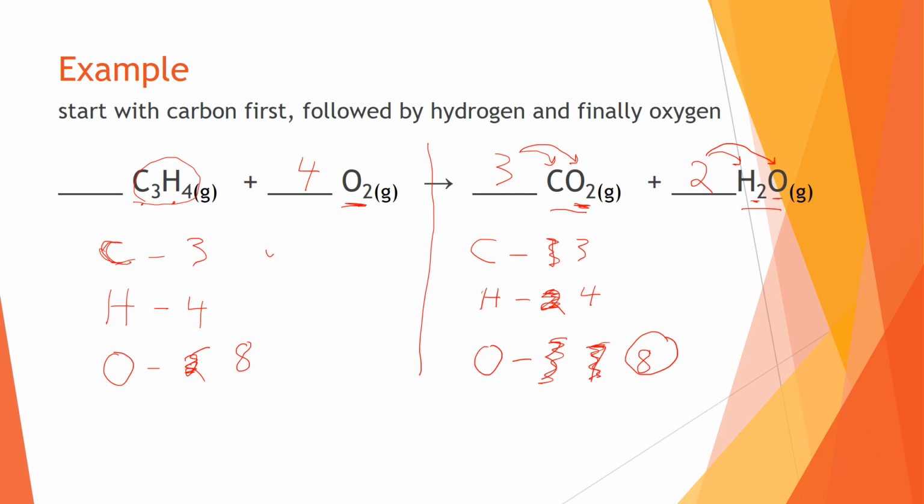And now 3 carbons on each side, 4 hydrogens on each side, and 8 oxygens on each side. Trust me, ladies and gentlemen, hydrocarbon combustion reactions can really give students a big problem if they don't follow these rules. So carbon first, hydrogen next, and always leave your oxygens till the end.